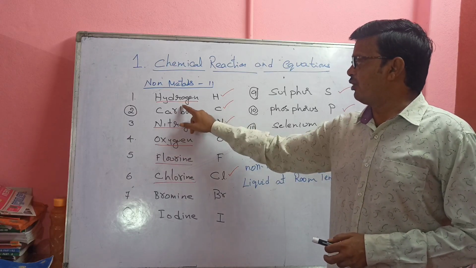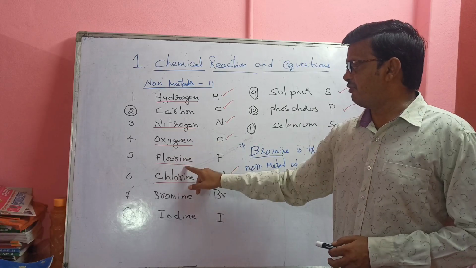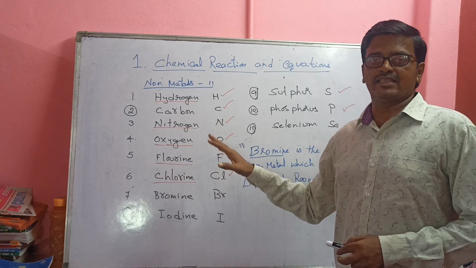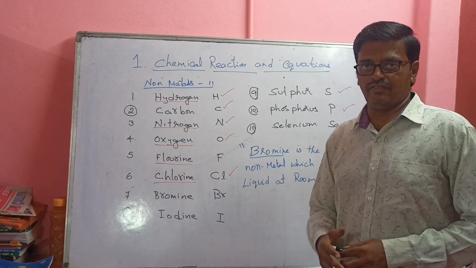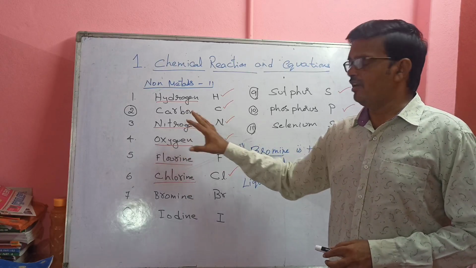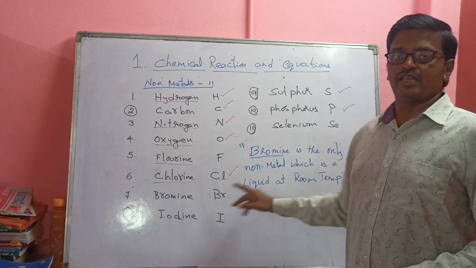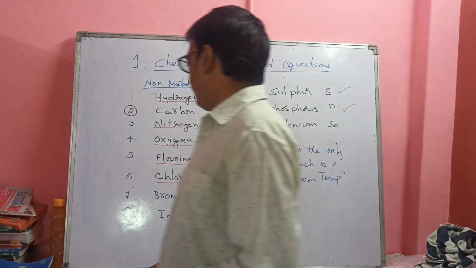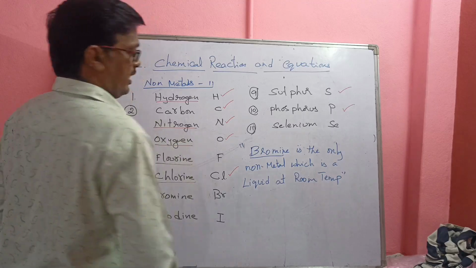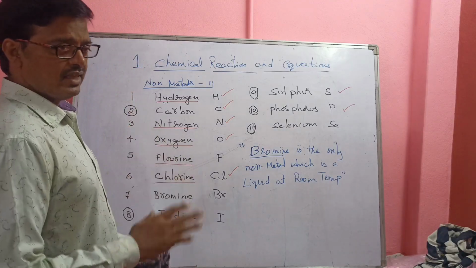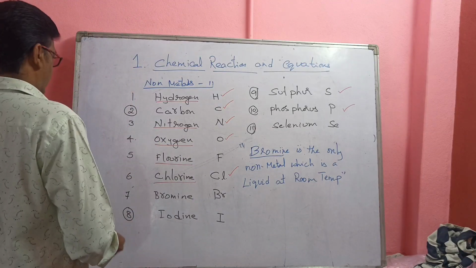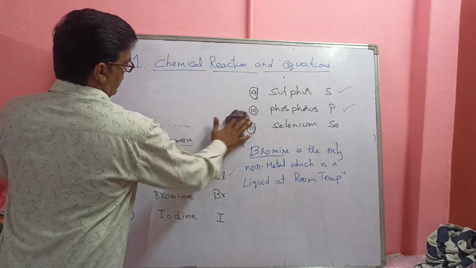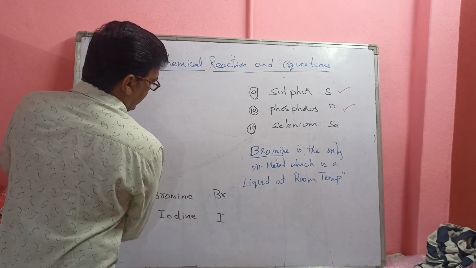The remaining hydrogen, nitrogen, oxygen, fluorine, chlorine, these 5 are gases. The only non-metal in liquid form is bromine. Very, very important point. After non-metals, we will go for noble gases or inert gases.